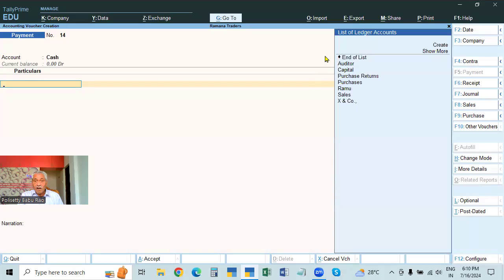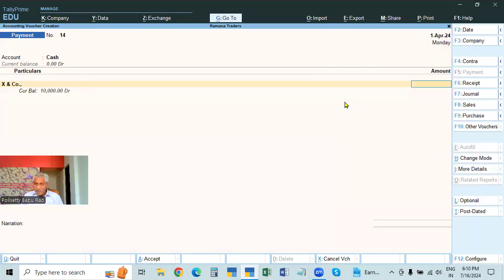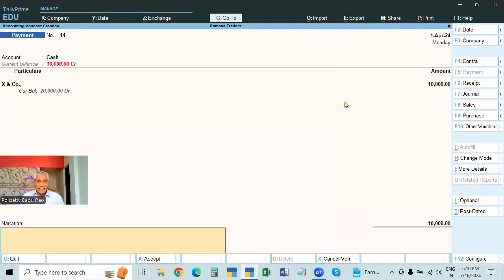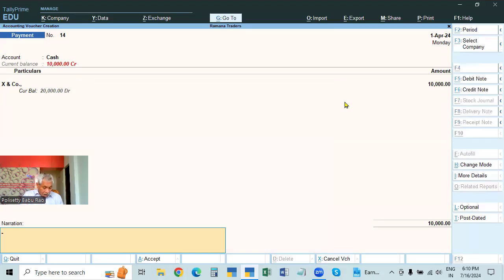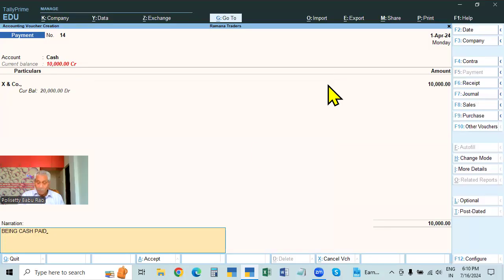Press space bar for the list of ledgers. So yes, X and Co we paid 10,000 rupees to this person. Only one single entry. And here we already entered under the double entry system, Alt R, so being cash paid.